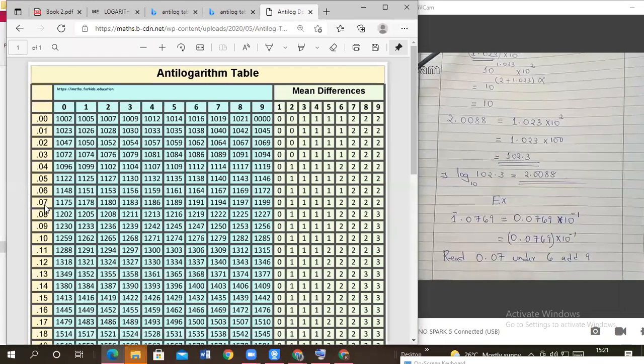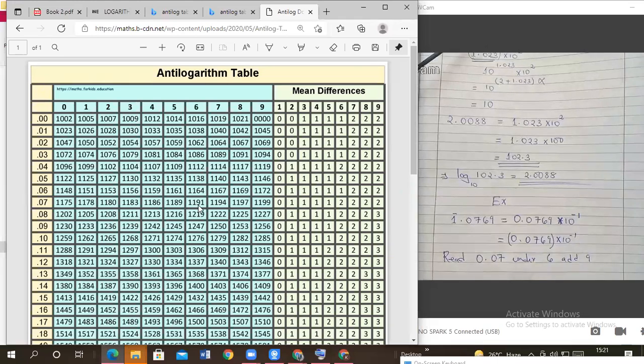Under 6, what is that? It is 1.191. What are we adding? We are adding 9, which is 2.